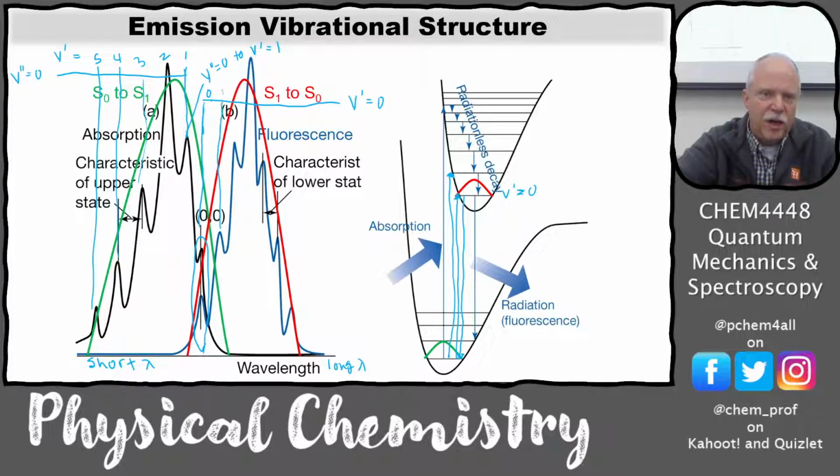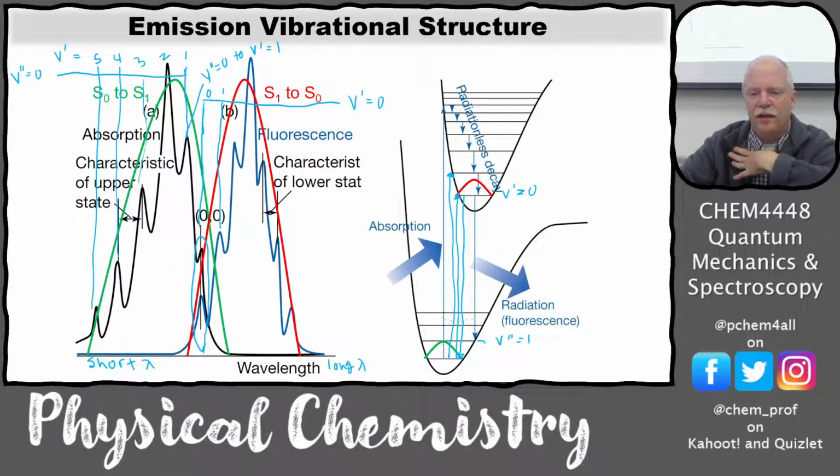If I go from V prime equals 0 down to V double prime equals 1, you see how that's a shorter arrow? The 0 to 0 transition was a certain wavelength. If I go from 0 down to 1, it's a shorter arrow, so it's going to be a longer wavelength than the 0-0 transition.